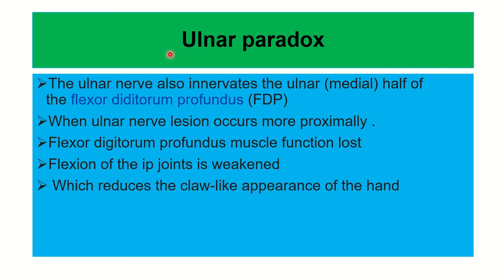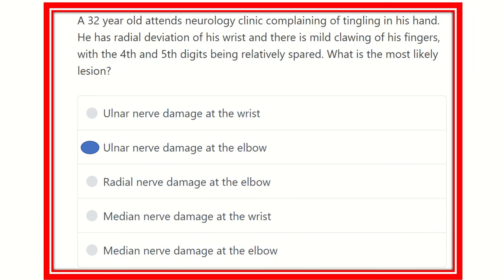It is written in detail that the ulnar nerve also innervates the ulnar half of the flexor digitorum profundus. When the ulnar lesion occurs more proximally, the flexor digitorum profundus function will be lost, so flexion of the IP joint is weakened or lost. If the joint does not flex, then the claw-like position will not occur, which reduces the claw-like appearance of the hand.